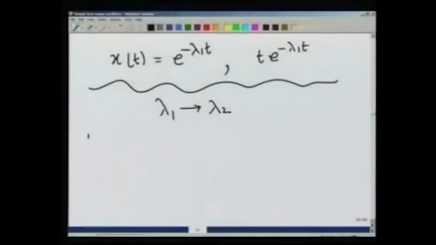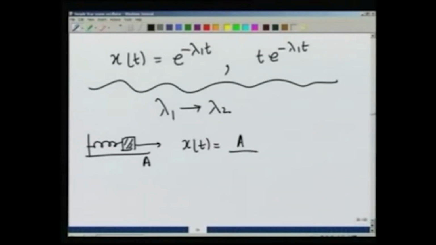Recall, when I had taken a mass, stretched it out and released it, the solution in that case for the heavy damping case was x t equal to a over lambda 2 minus lambda 1, lambda 2 e raised to minus lambda 1 t minus lambda 1 e raised to minus lambda 2 t.